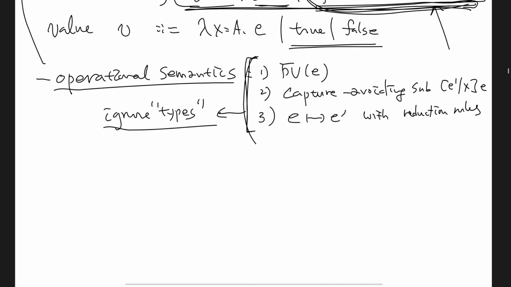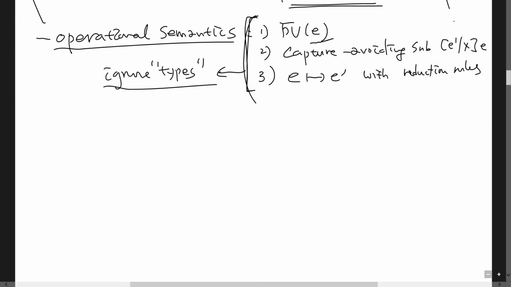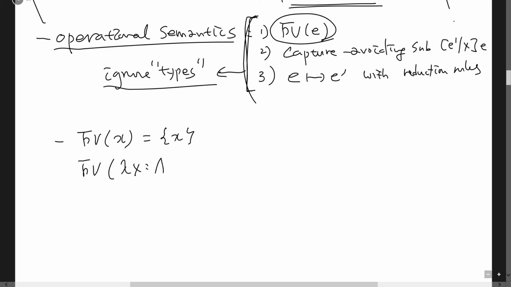So for example, let's define this free variable function. The definition is almost the same, except that previously in untyped lambda calculus, the definition was free variable of expression e minus variable x.